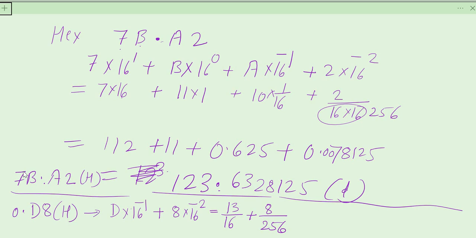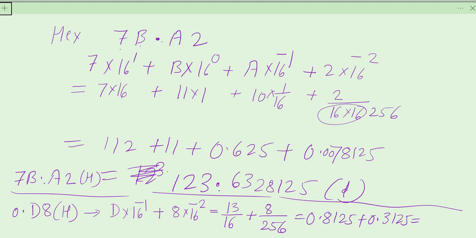Now let's calculate using the calculator. 13 divided by 16 is equal to 0.8125, plus 8 divided by 256. 8 divided by 256 is 0.03125. Now add both of them, 0.8125 plus 0.03125 is equal to.